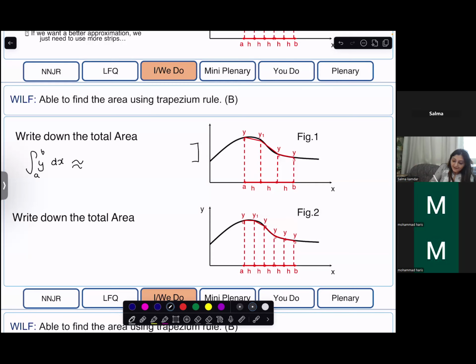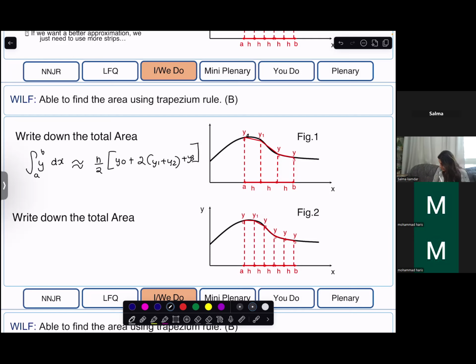The total area under the curve will be approximately equal to h by 2, this is your y0, y0 plus 2 times y1 plus y2, plus y3. This is the way you do it.